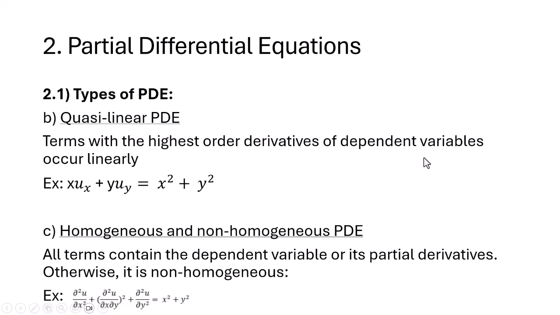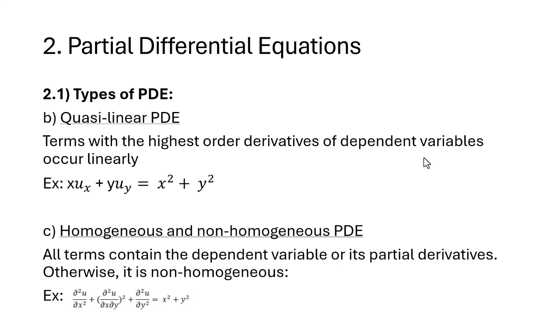And then we have homogeneous and non-homogeneous partial differential equations. So a homogeneous differential equation is an equation where all terms contain the dependent variable or its partial derivatives. Otherwise, it's called non-homogeneous.